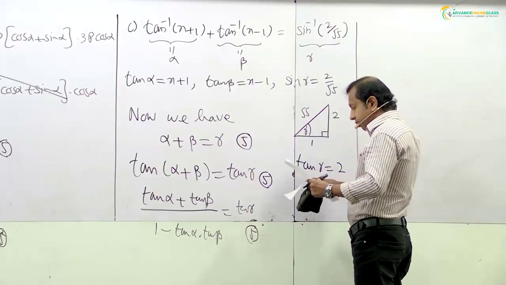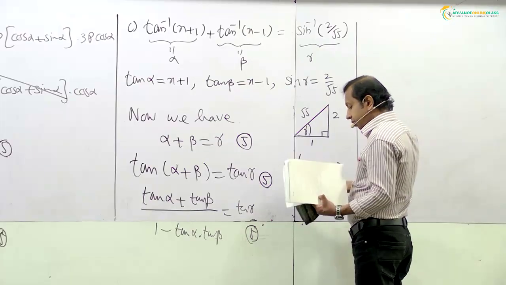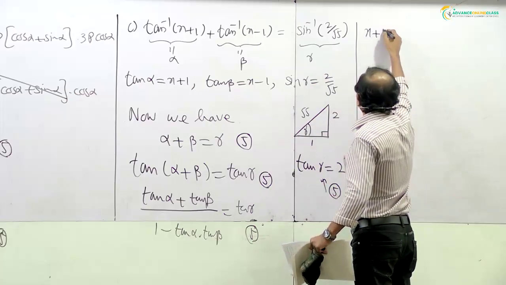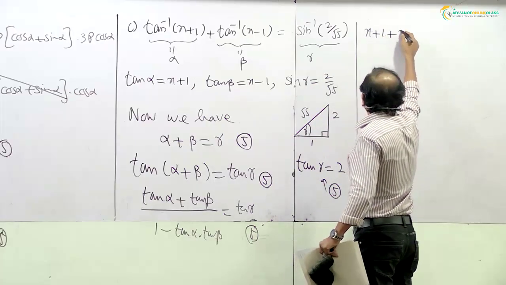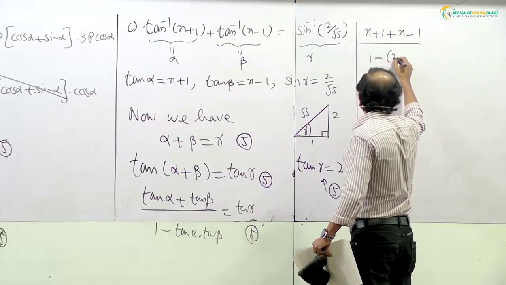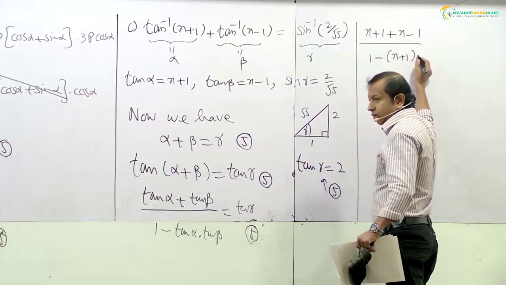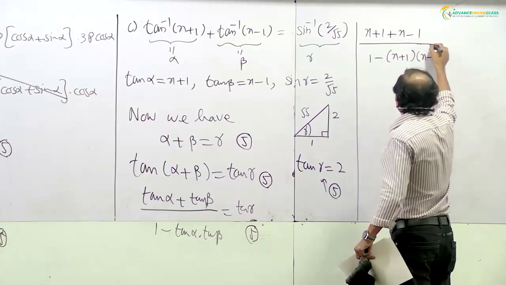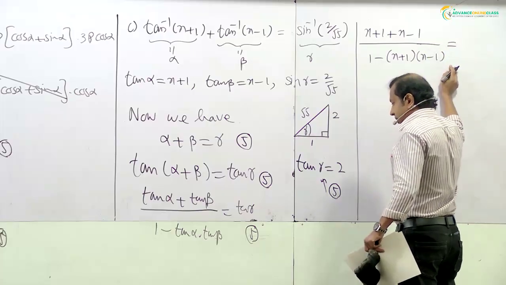Now, substitute for tan α and tan β. Tan α is x plus 1, tan β is x minus 1. So 1 minus tan α tan β is 1 minus (x plus 1)(x minus 1). Tan γ is 2.